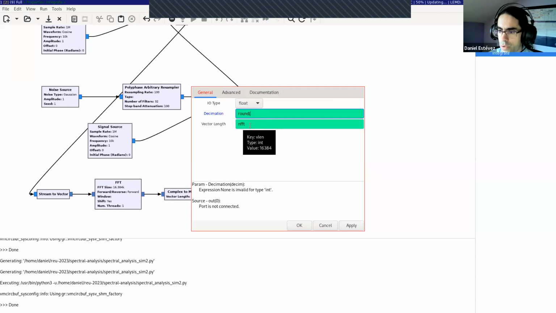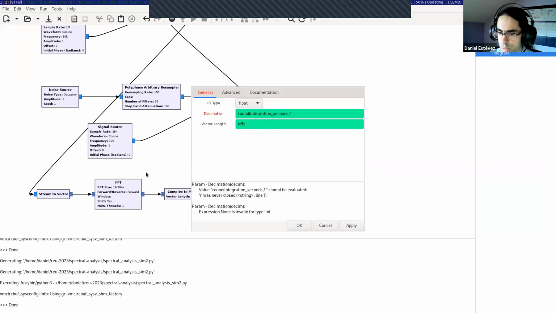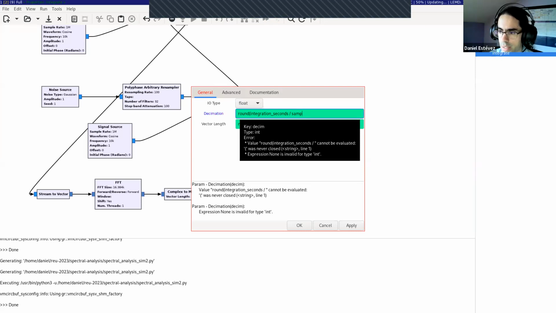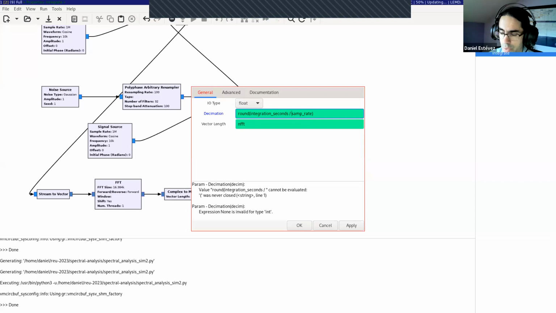So if I want to do integration seconds, I need to divide by how many seconds we have in each of the FFT outputs. And the way to calculate this is we have sample rate, samples per second.